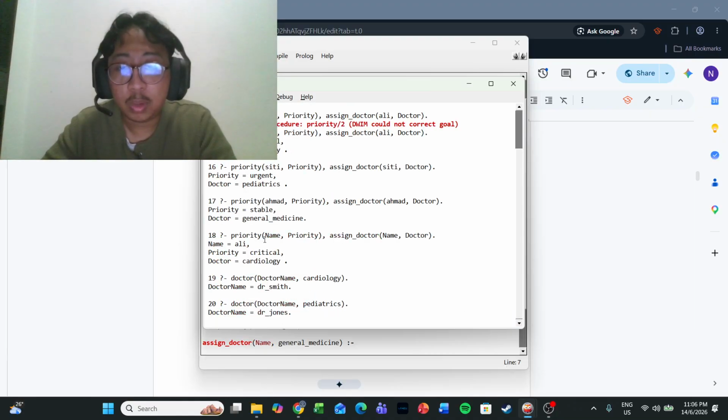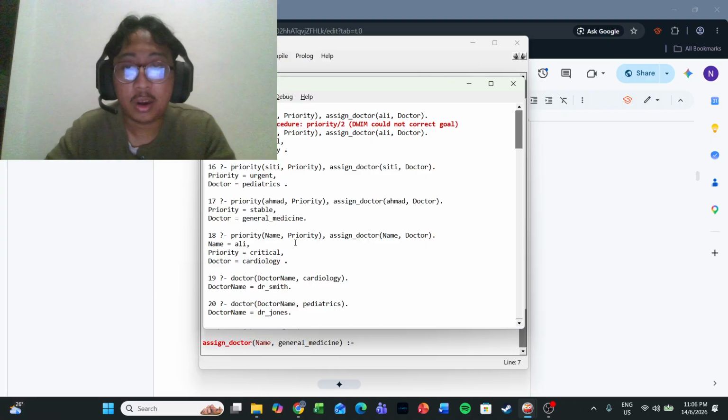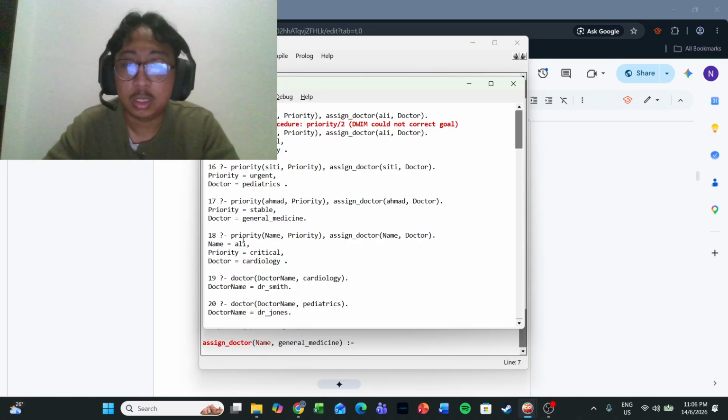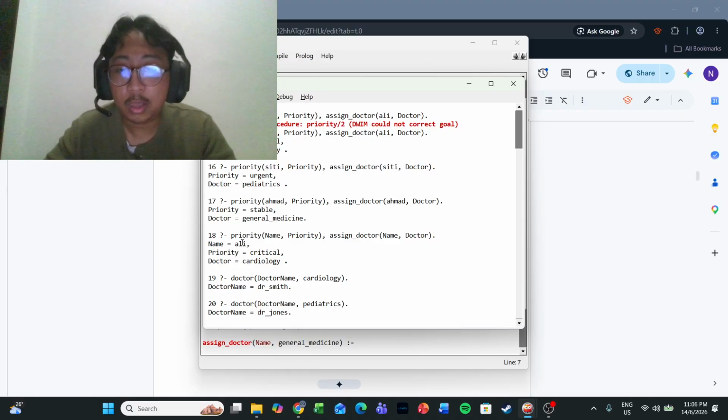As a placeholder, it will look at the name Ali first, and then look at Ali's condition. Since Ali fits the criteria of critical priority level, obviously it will assign the doctor to cardiology. So that's why the output will show priority critical and then doctor cardiology, since it first puts the placeholder name as Ali. So let's move on to the fourth and the final.